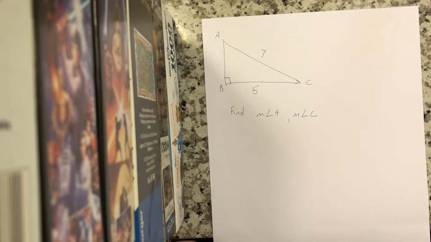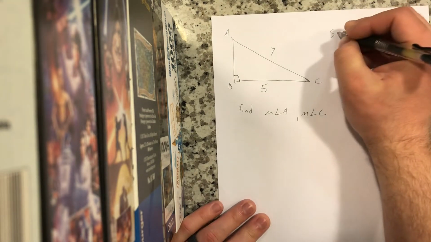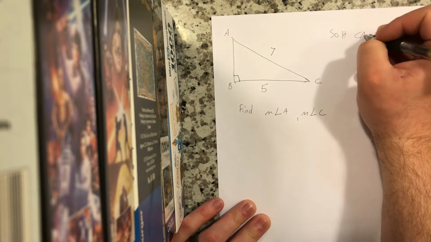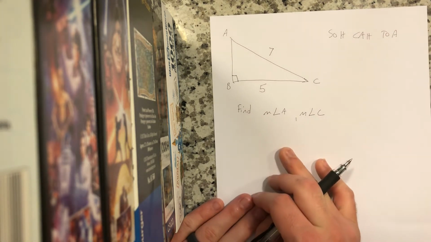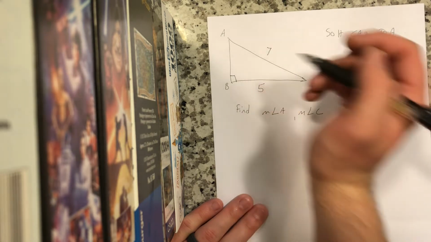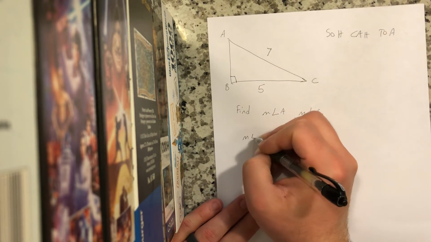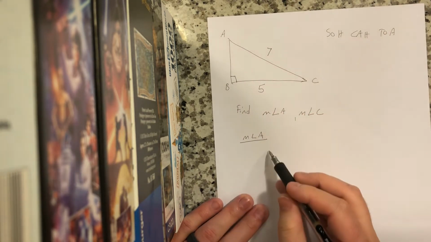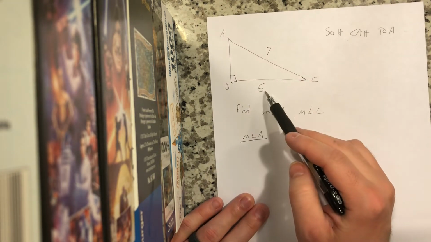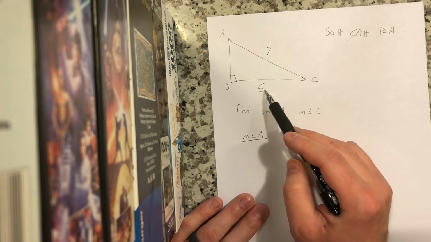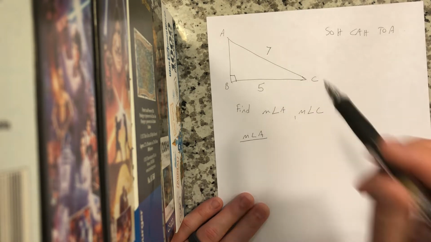So we'll just go in order of the alphabet here, and I'll write our little SOHCAHTOA again. All right, so if we're trying to find the measure of angle A, if we look at A, this side is the opposite, and this is the hypotenuse.